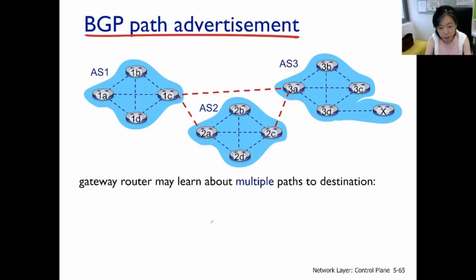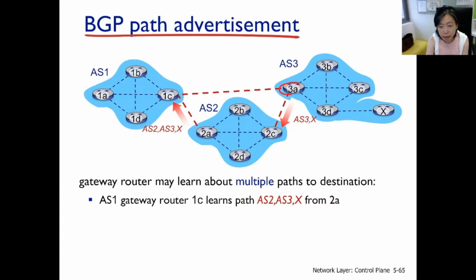Right? Second example is a bit more realistic. So 3A here, the gateway router of AS3, might have multiple eBGP connections to outside. Okay, so in that case, a gateway router might learn multiple paths to a destination in AS3. So let's see. One of the paths is this, right?